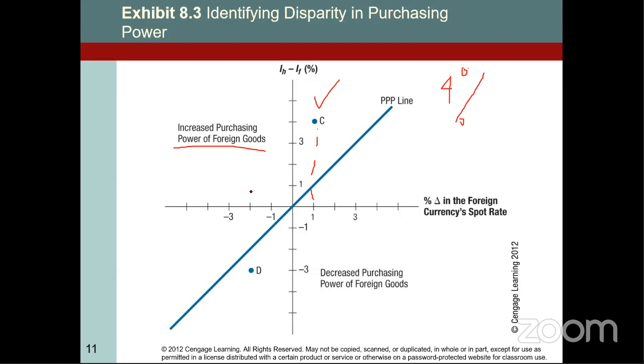Once again, this slide is explained for indirect quotation, but because we are using the direct quotation, it's quite different. If you have a C, you will have an increase in purchasing power of foreign goods. This is not the same.